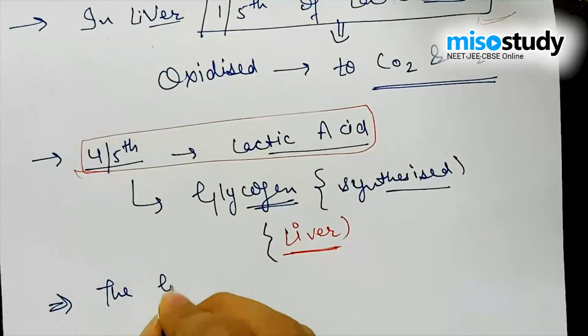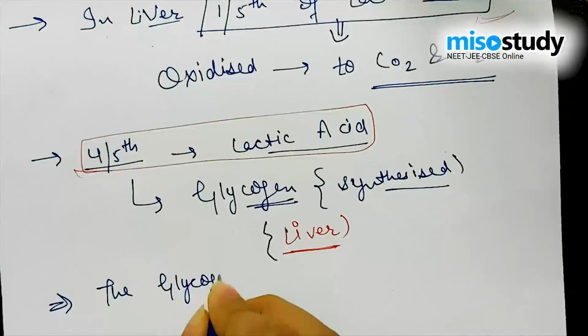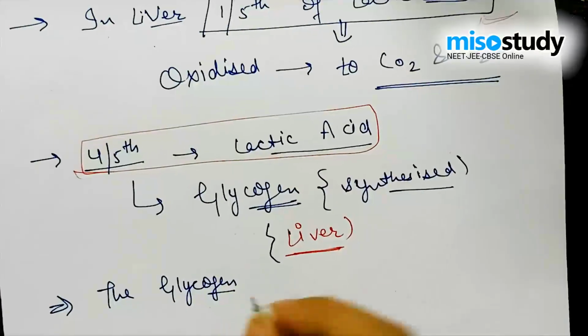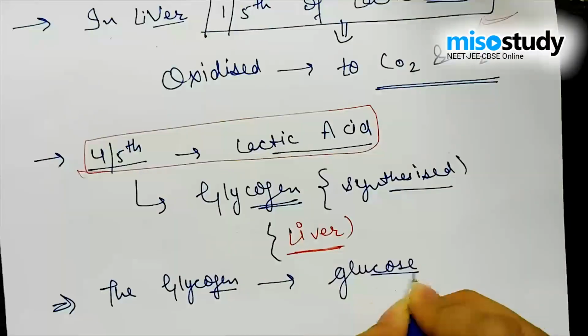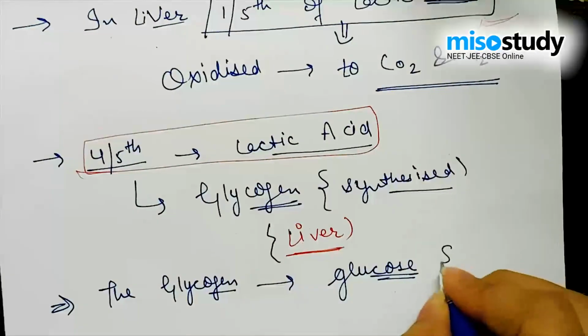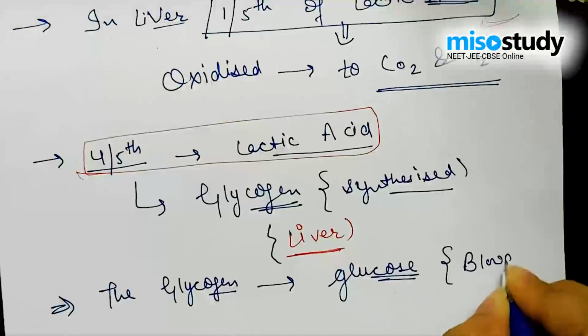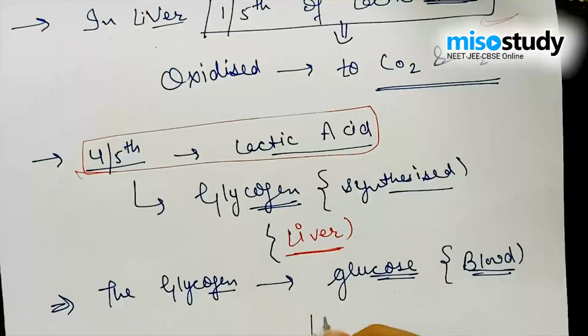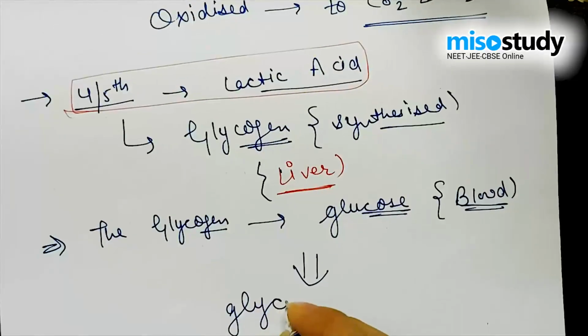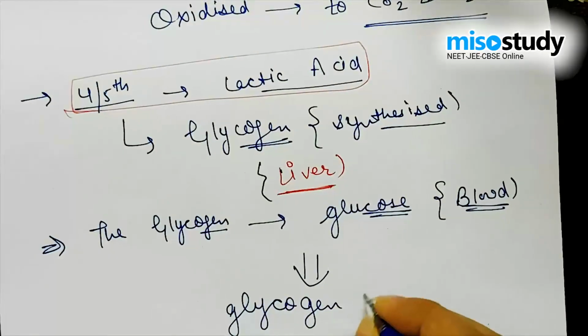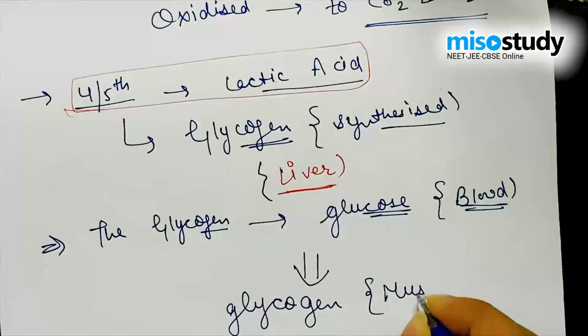The glycogen synthesized in the liver releases glucose into the blood, which is then reconverted into glycogen in the muscle.